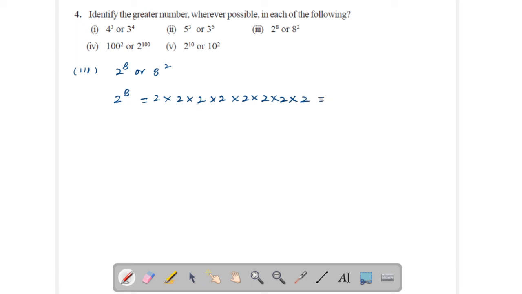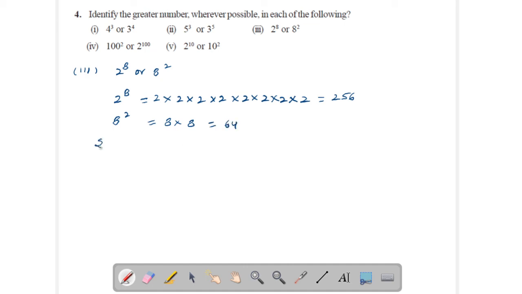If you multiply it, what will you get? 256. Here take second number, that is 8 raised power 2. 8 raised power 2 means 8 is multiplied 2 times. 8 into 8, 8 8s are 64.